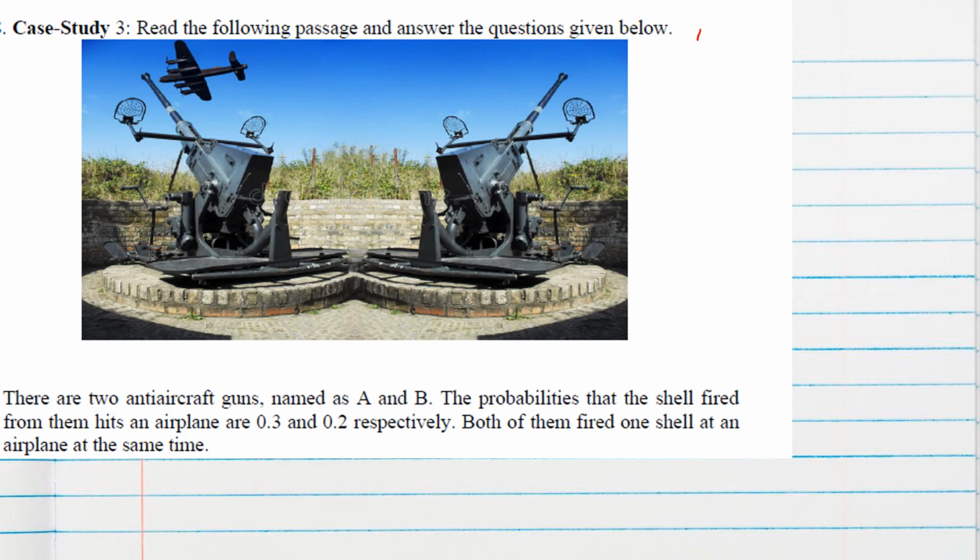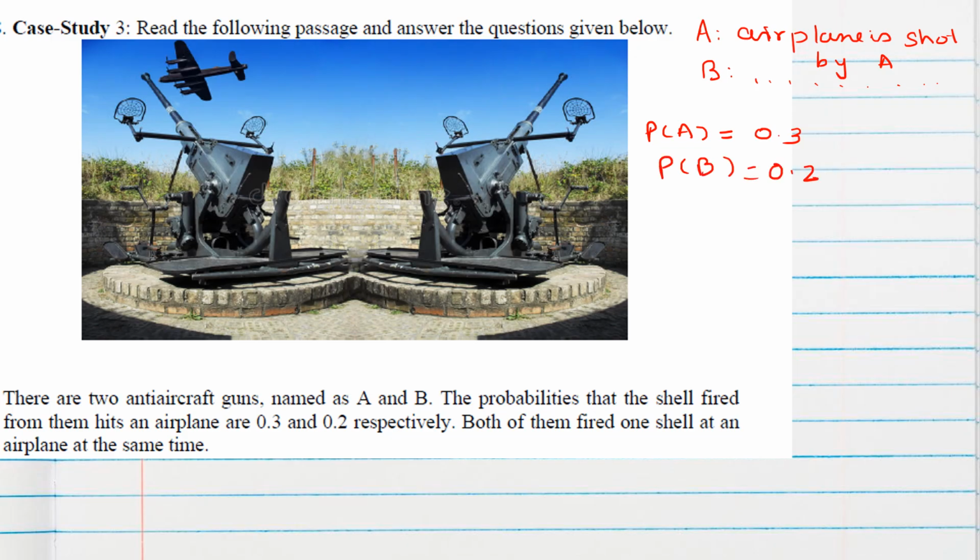So A and B events we can consider as the airplane being shot by gun A, and similarly the airplane being shot by B. So the probability of A and B is given to us. Probability of A is 0.3 and probability of B is 0.2 respectively.